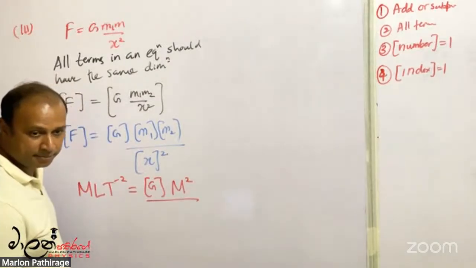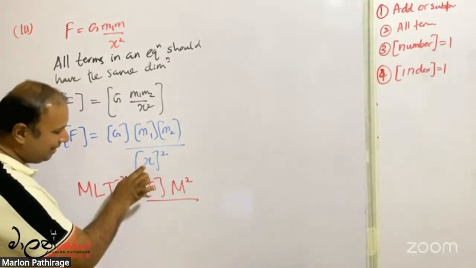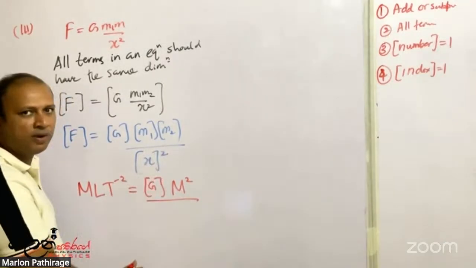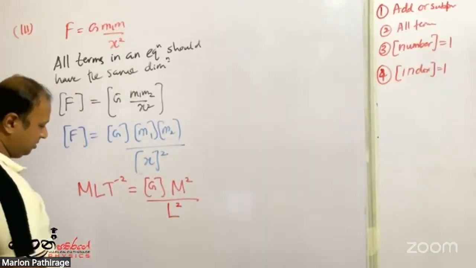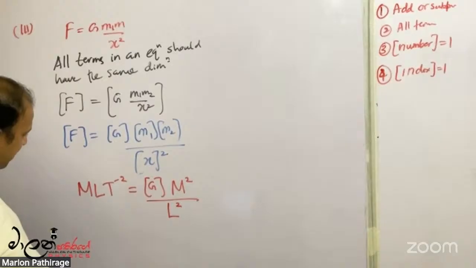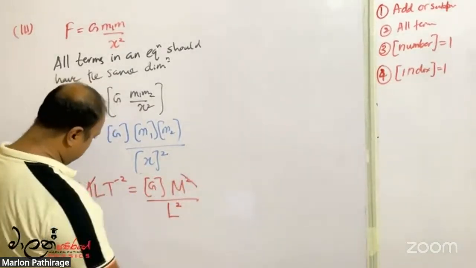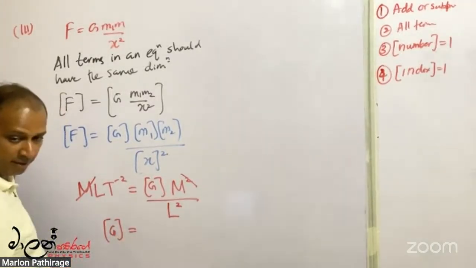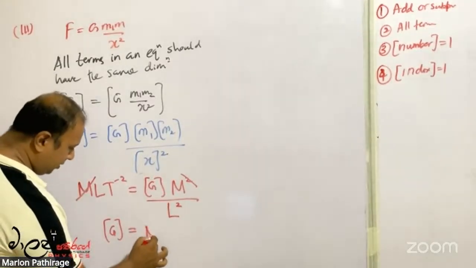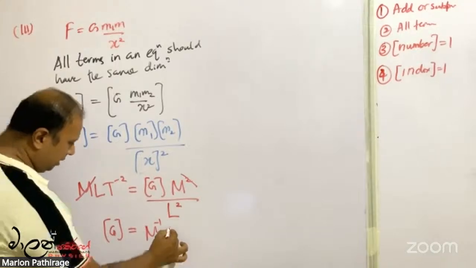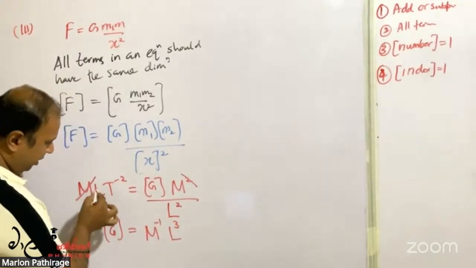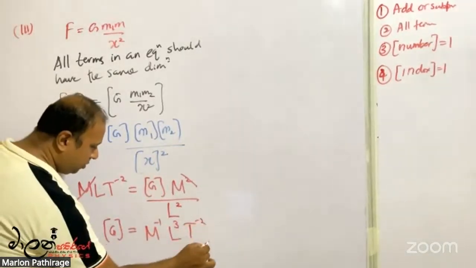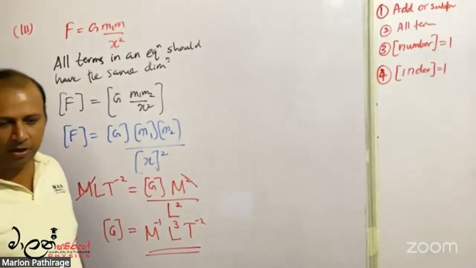Divided by length. This is a length squared, L squared. The M to the one will be cancelled out. Therefore, dimension of G is equal to M minus 1. Here L cubed. L squared into L is L cubed. Then T minus 2. So this is the dimensional formula of G.